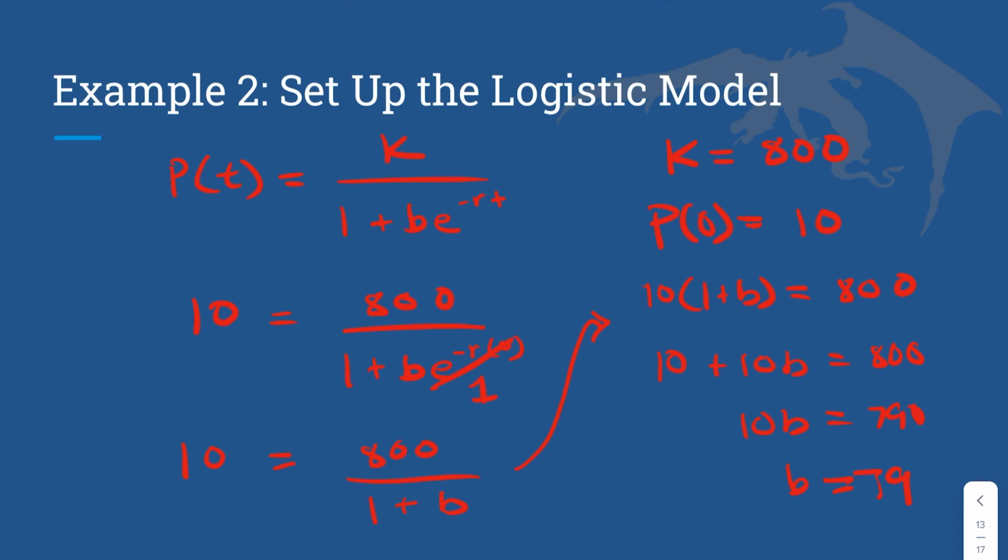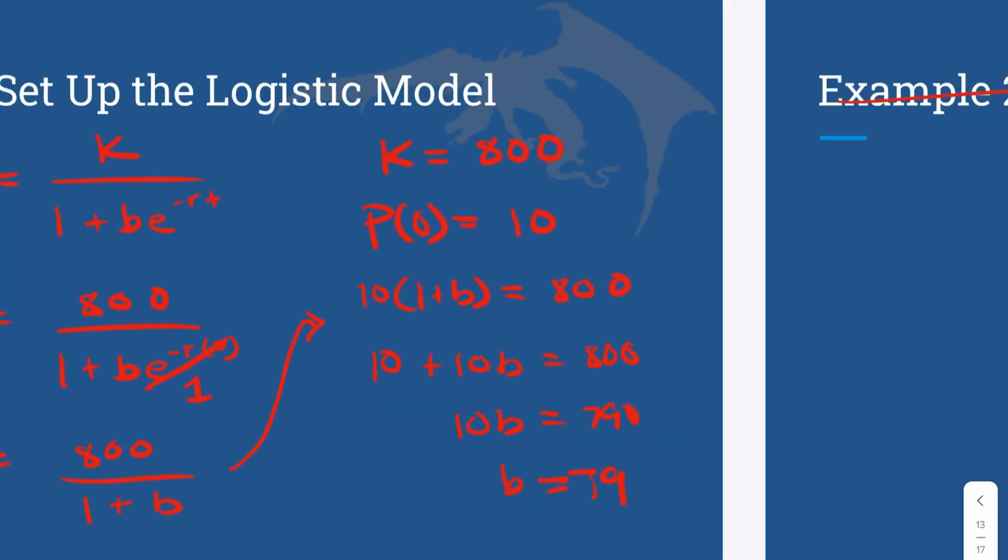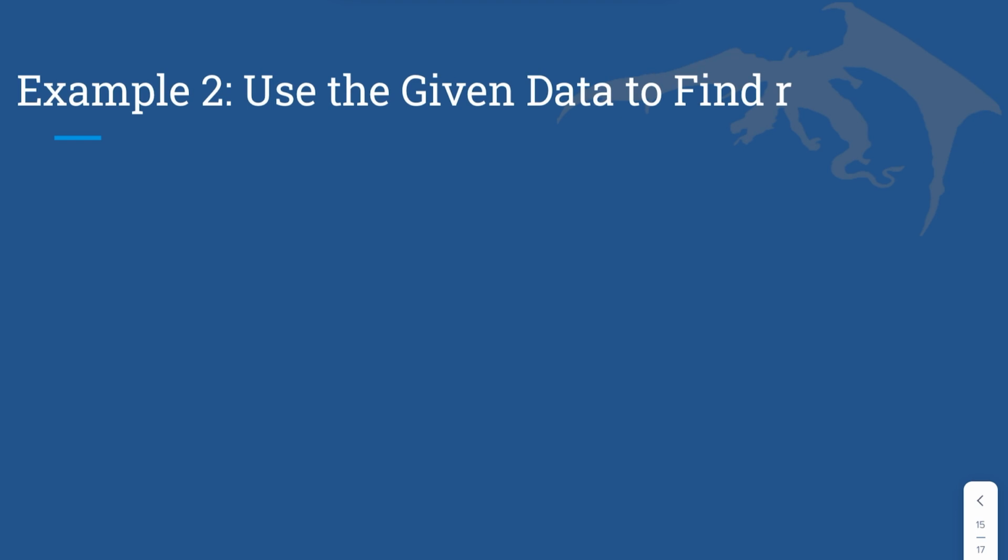After one day, 25 campers heard the rumor. So P of 1 is equal to 25. We have that data point. We also know that based on our model, P of T right now is equal to 800 over 1 plus 79 E to the negative RT.